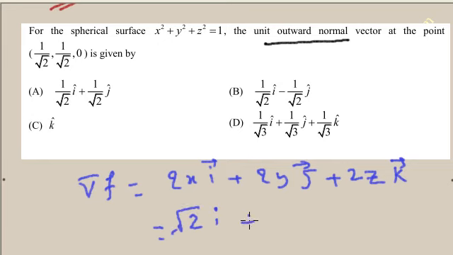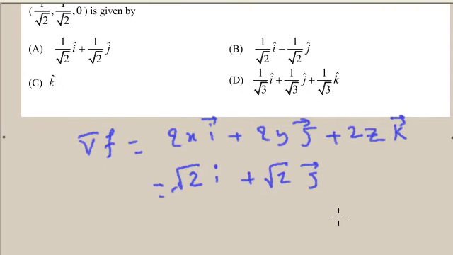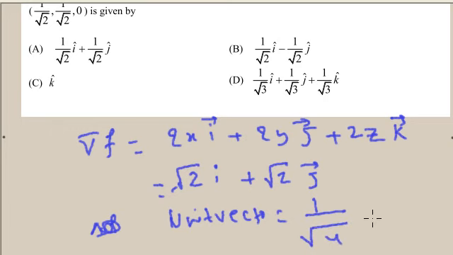i plus 2 by root 2, that means root 2 j, and the z component becomes 0. So the unit vector is this divided by the magnitude of del f, which is 1 by under root of 2 plus 2, that is 4.